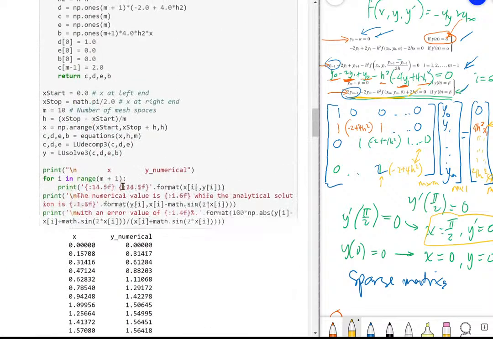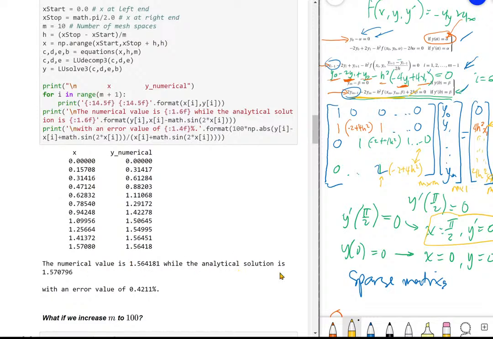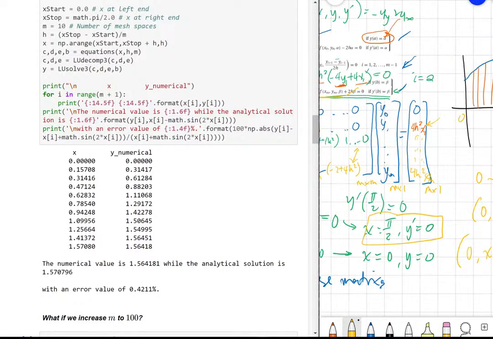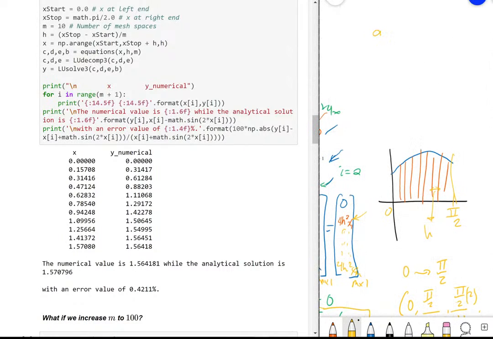Here we have m equal to 10, and if we substitute at x equal to pi over 2, the numerical value of y is 1.56481, but the exact one is 1.570796.